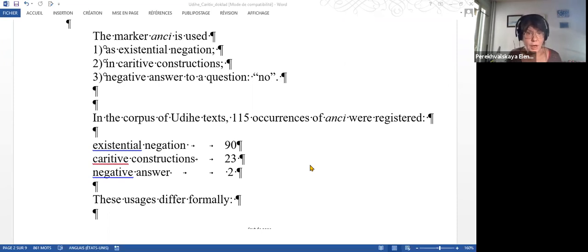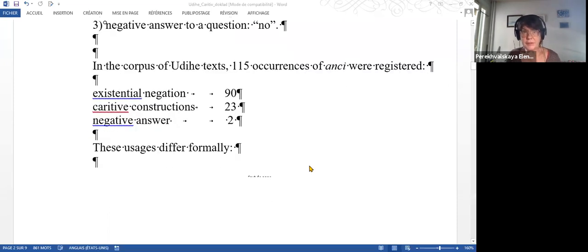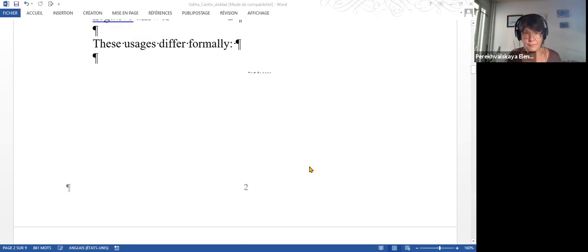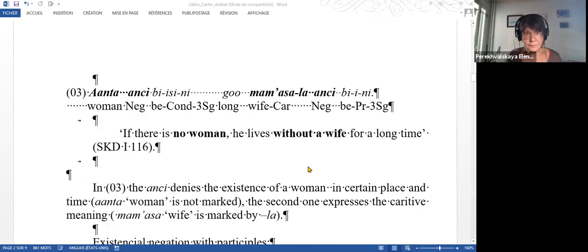And now I will show that these constructions, existential negation and caritive construction, in fact differ formally. There is an example where you can see in the same sentence two different usages of anchi. First is existential negation, 'there is no woman', and the second is caritive, 'without a wife'.